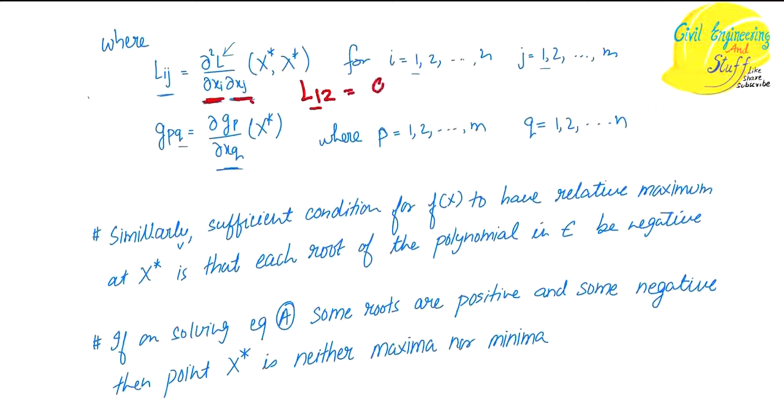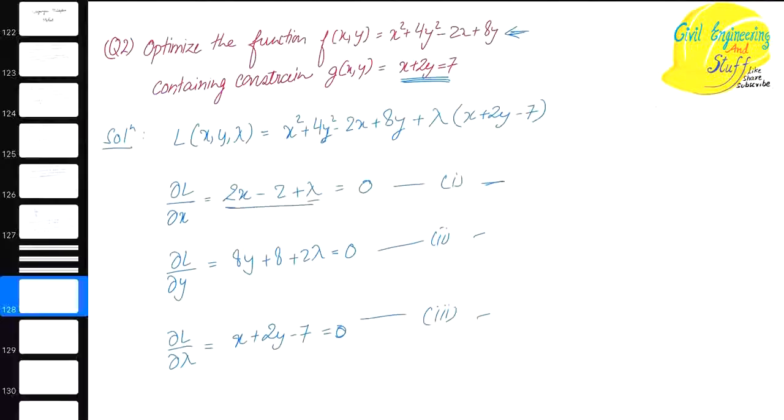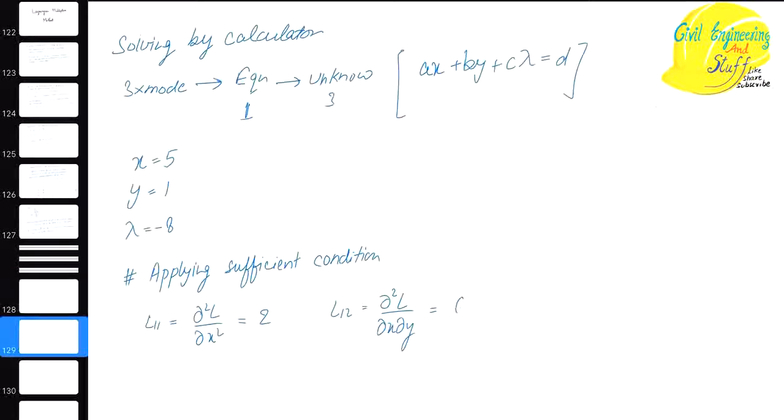So we have d square L by dx1 dx2, conventionally i and j. In this case we do not have x2; in the equation instead of x2 we have y. So this is d square L by dx dy. Since we do not have any y variable in equation number 1, this will be 0.